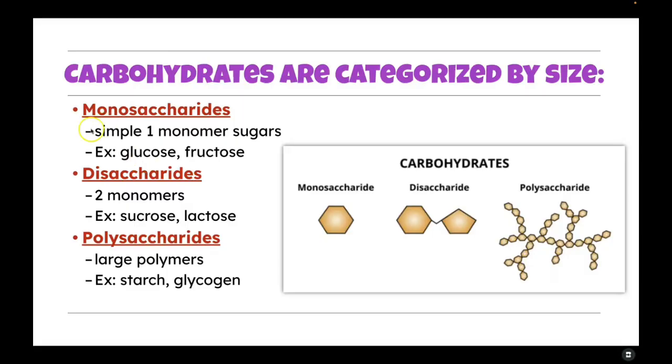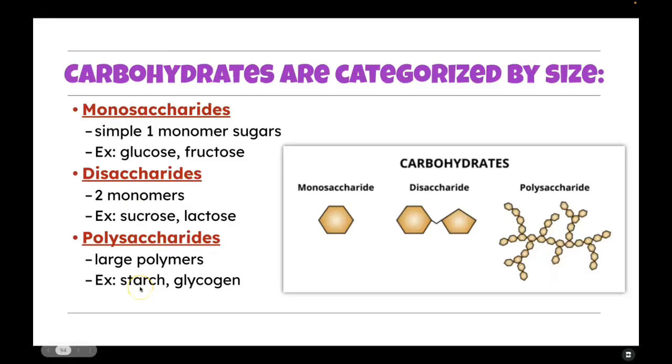And you have another monosaccharide called galactose, which is found in milk sugar. Disaccharides examples include sucrose, which is table sugar, which is basically glucose and fructose combined. Lactose is milk sugar, which is glucose and galactose combined. And maltose is malt sugar, which is glucose and glucose combined.